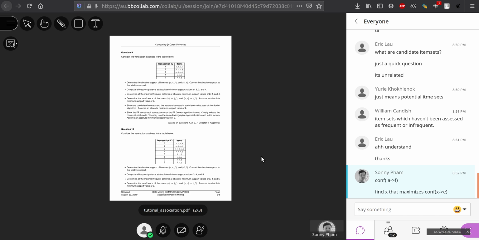It is an item set actually, but it could be an item set consisting of only one item, or two items, or three items, right? So my question is, can you find such X that gives you the maximum confidence, which means that in a typical marketing application, you want to promote the sales of item E, for example, right?